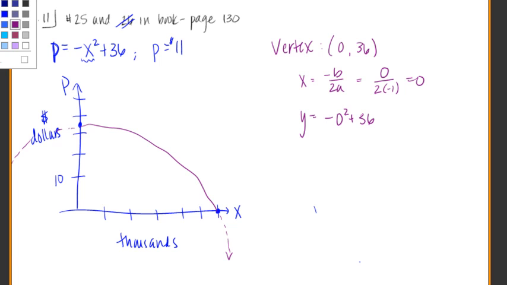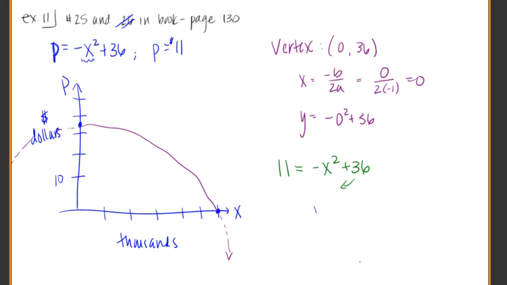And then the problem further asks us, in part B, to determine the quantity demanded when the price is set at $11. Okay, so at $11, that's our price. So P is equal to 11, and we want to find X because remember X is the amount demanded. All right, so let's move 36 over.